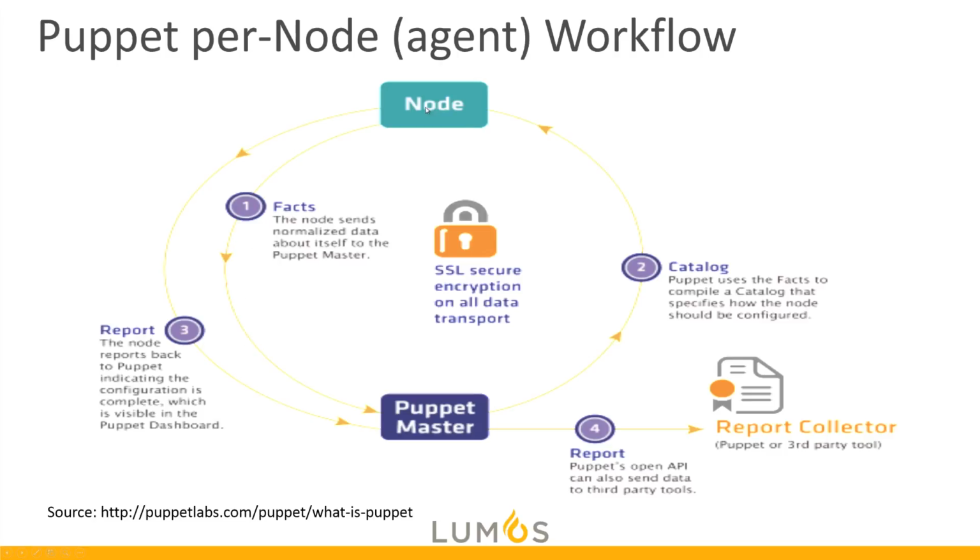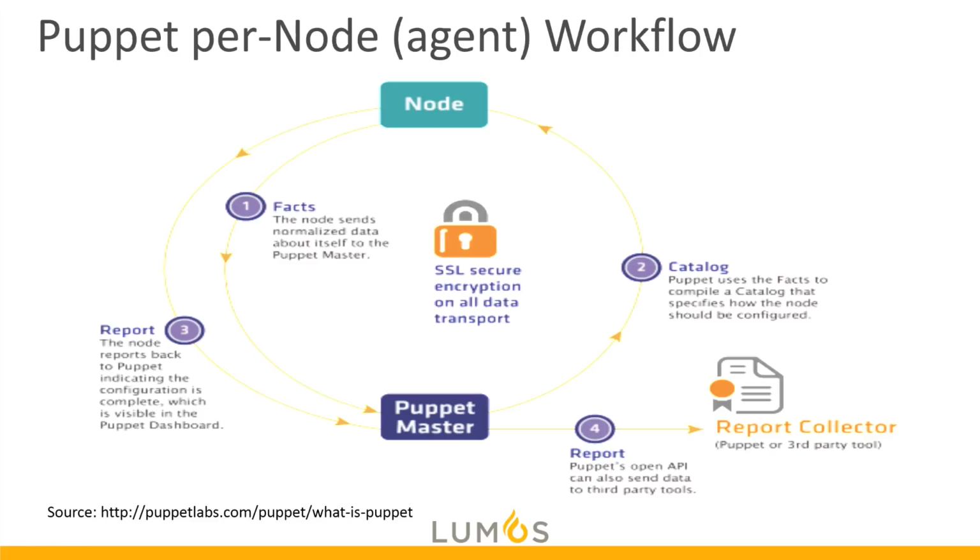And of course, it has to have a base configuration so that the agent knows what master to contact, at least from an IP perspective, as well as, of course, SSL encryption information is gotten when we contact the Puppet master. So from there, the Puppet master uses the facts that it's received to compile a catalog that basically specifies how the node should be configured.